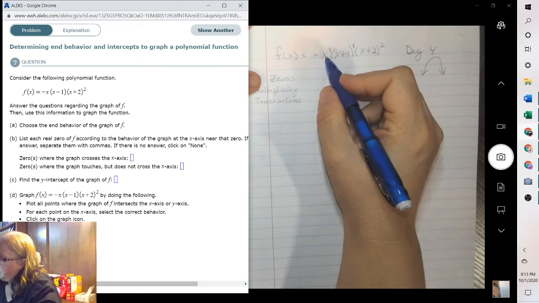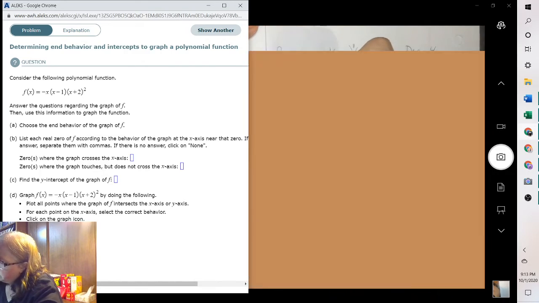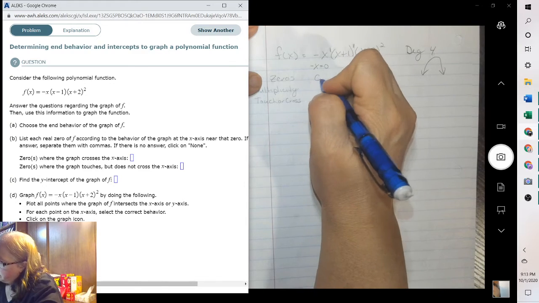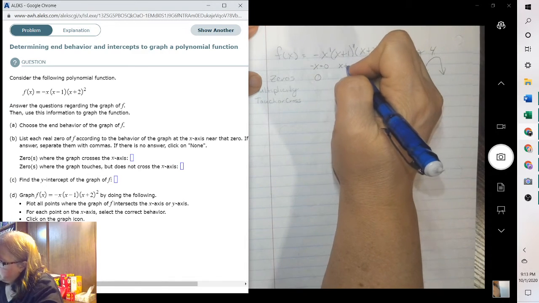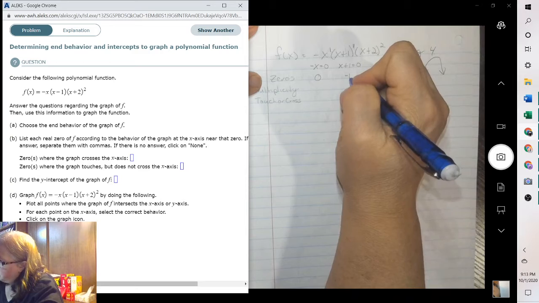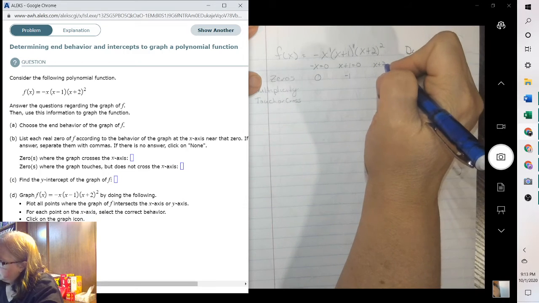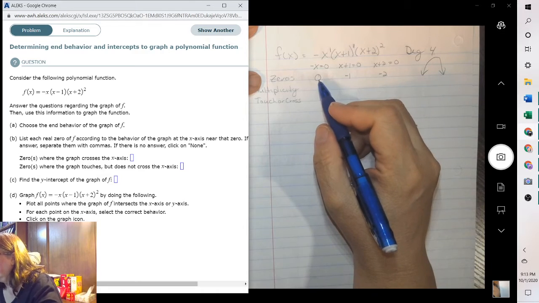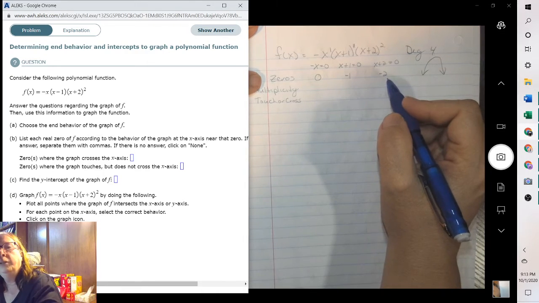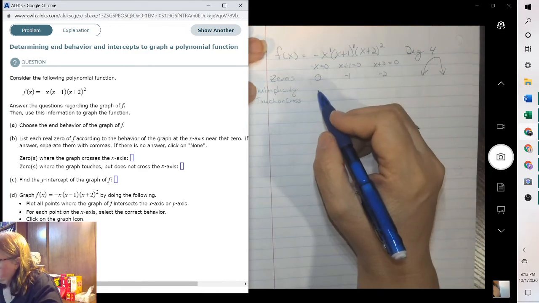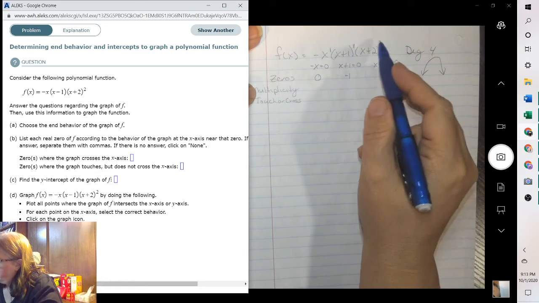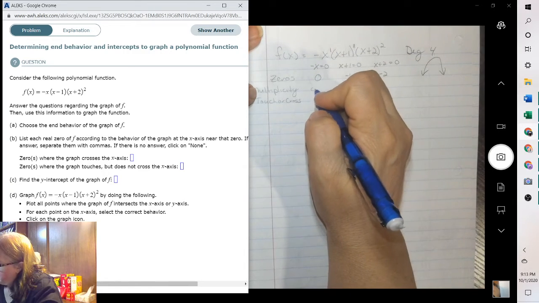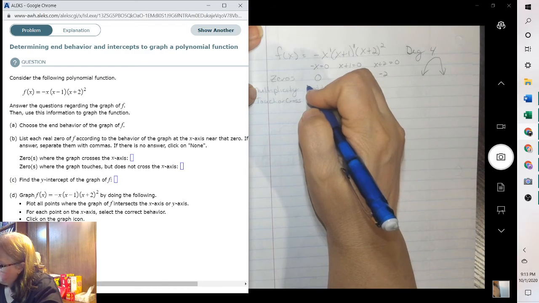So our zeros, setting this one, we get 0, -1, and -2. So it crosses the x-axis at 0, -1, and -2. Now, multiplicity is the exponent on it. This one was odd because it was 1.